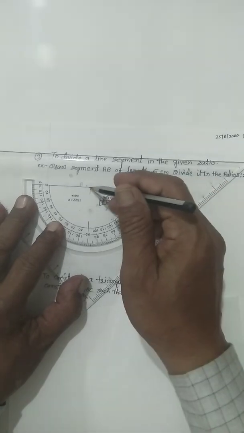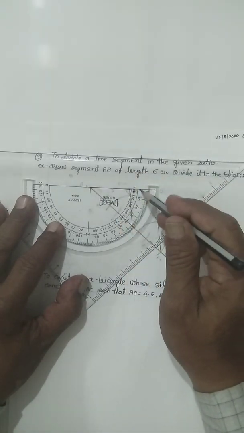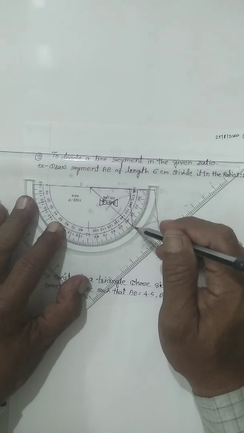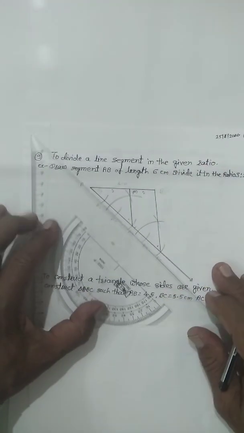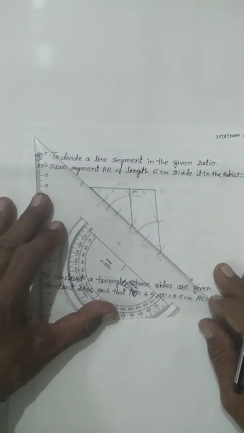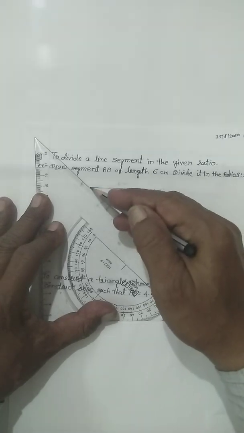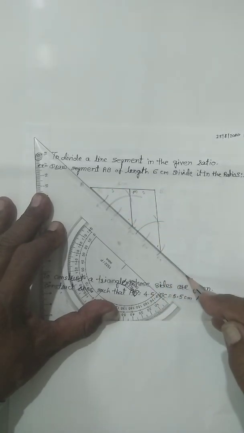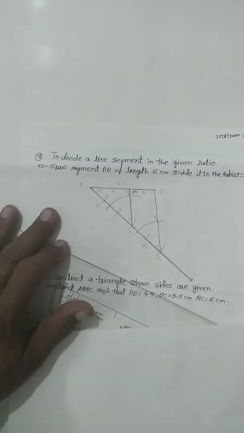We draw here an angle of 40 degrees. Then draw the ray which starts from the point A. In this way we draw the ray.